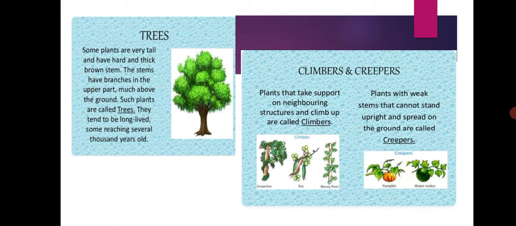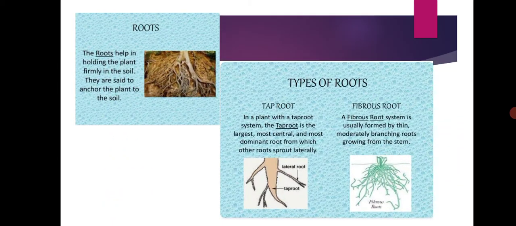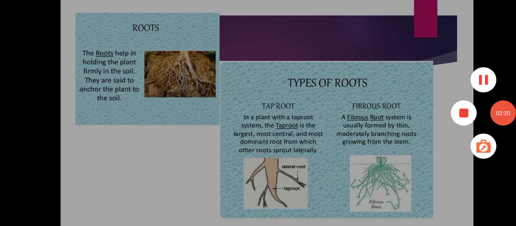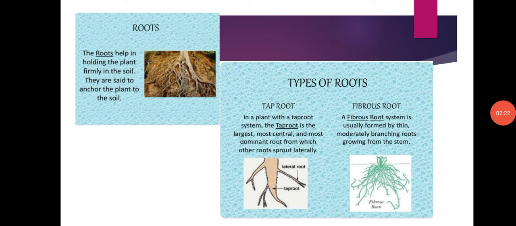After that, students, we have to study the parts of the plant. Here, the plant is divided into two parts. First, the underground part, that is called the root system, and the above the ground part, that is called the shoot system. Generally, we know that the part of the plant which is present under the ground is called root.